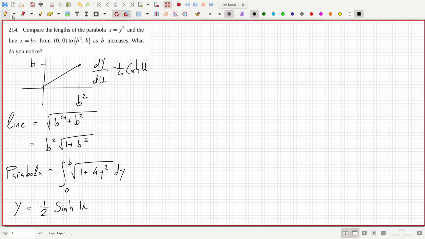because then we can change this integration into root 1 plus 4y squared. So that would be 4 times a quarter times sine squared u, and then times the dy. And the dy is a quarter cos u du.